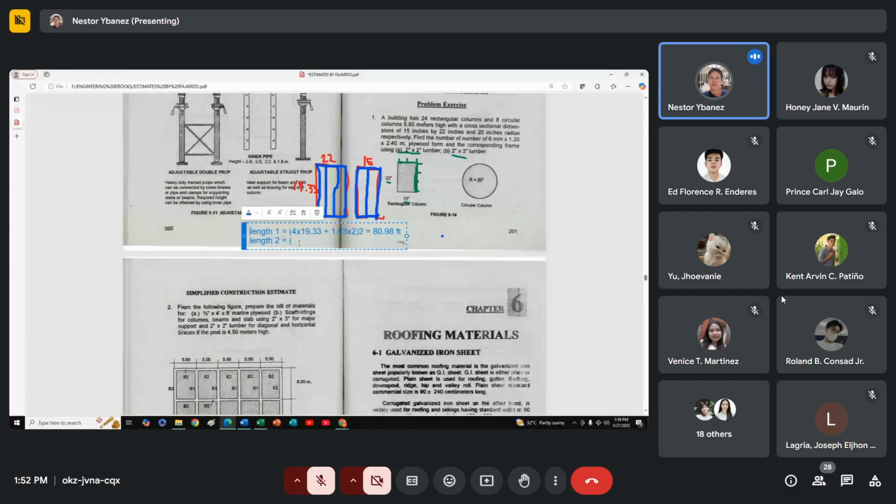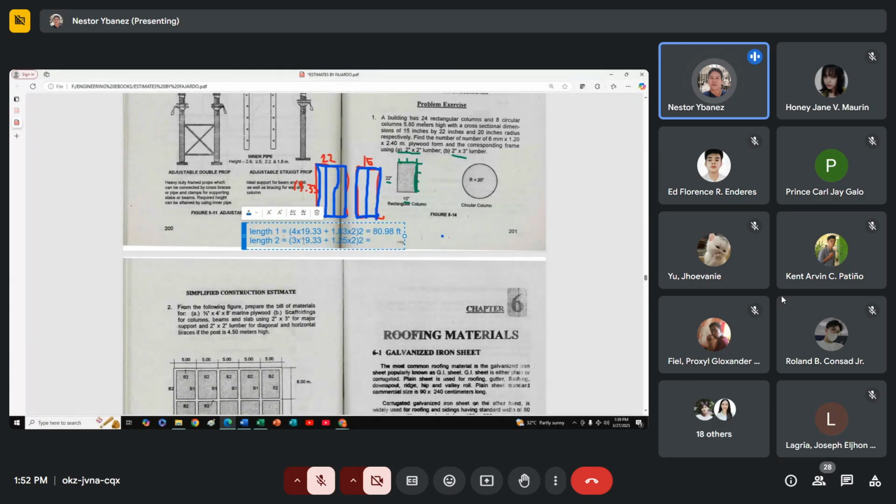Therefore 3 times 19.33 plus 15 divided by 12, which is 1.25, times 2, times 2 because of how it is formed.